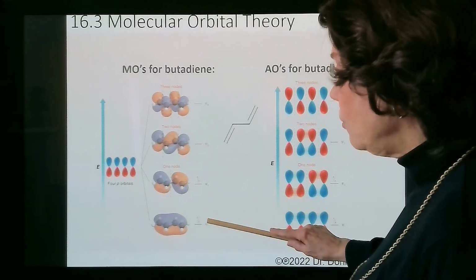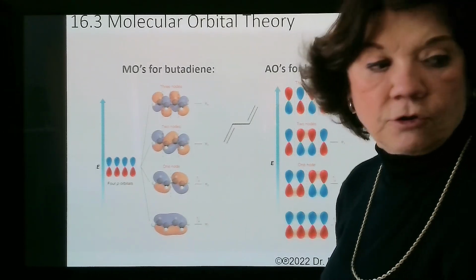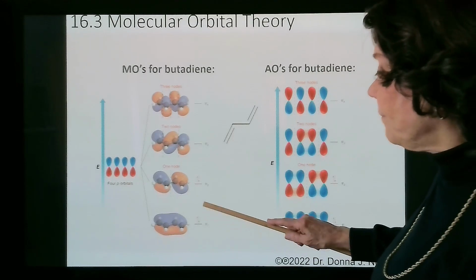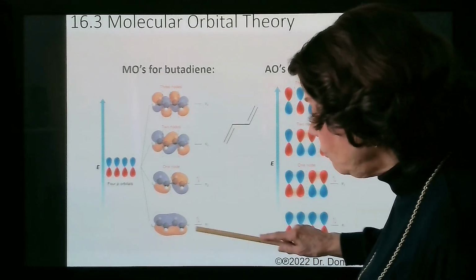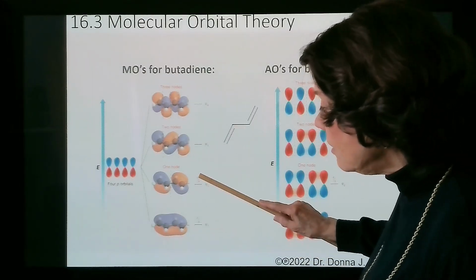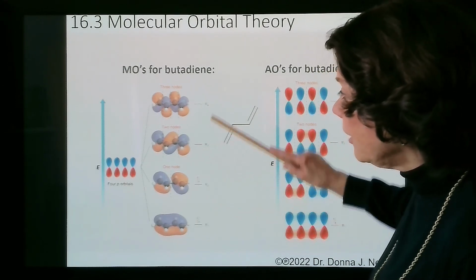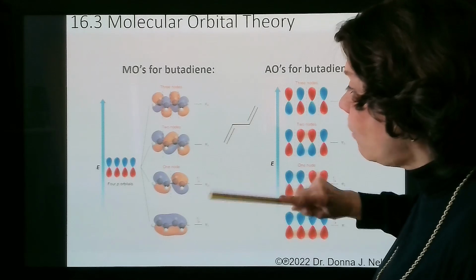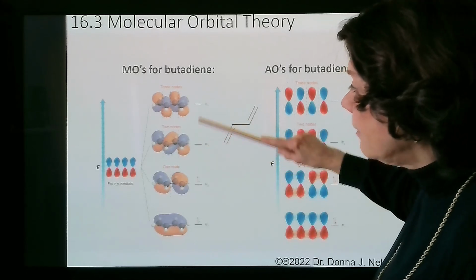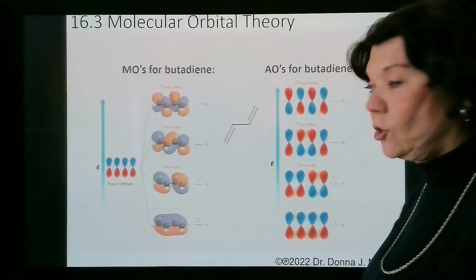They will go into the lowest energy molecular orbitals. So 2 go into psi 1, 2 go into psi 2, none of them go into psi 3, and none go into psi 4. So these orbitals are left unoccupied because they're higher in energy.